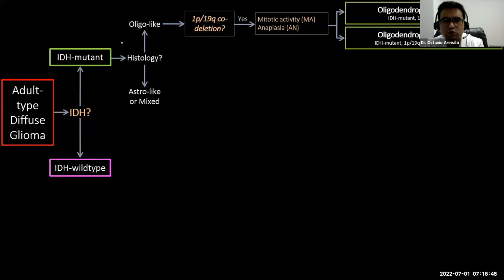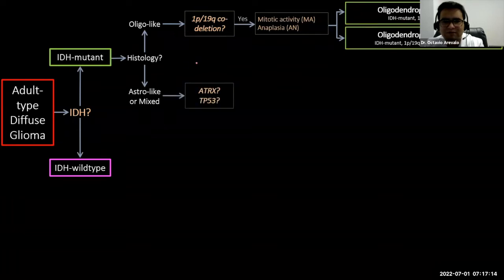When you have those two plus the oligo-like histology, then you have to check for features of anaplasia. You remember our first slide, either mitotic activity or anaplasia. And depending on these histological features, you grade it as grade 2 or grade 3. So the diagnosis is going to be oligodendroglioma, IDH mutant, 1p19q co-deleted, grade 2, okay?